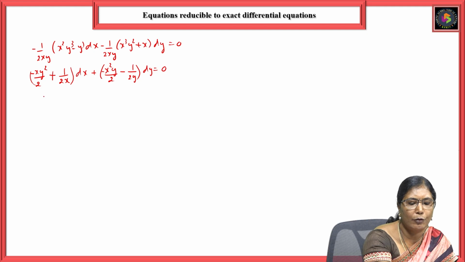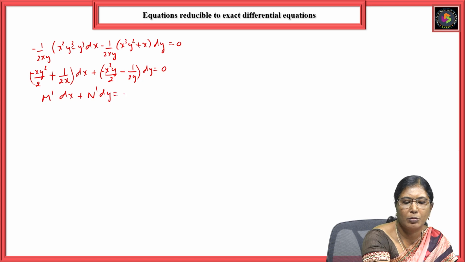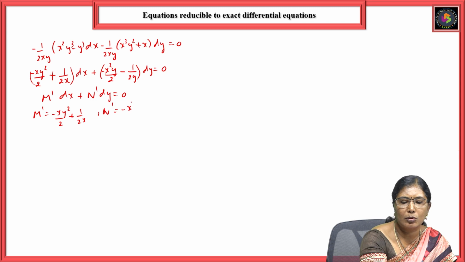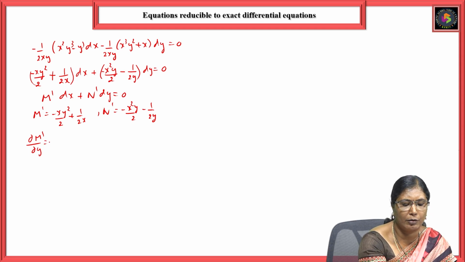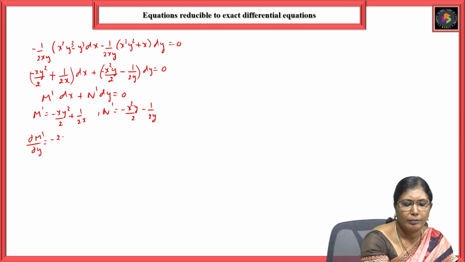Now this is of the form M' dx + N' dy = 0. What is M'? M' is minus xy^2 by 2 plus 1 by 2x, and N' is minus x^2y by 2 minus 1 by 2y. Now let us check whether it is reduced to exact. Differentiate M' partially with respect to y: we get minus 2xy by 2.